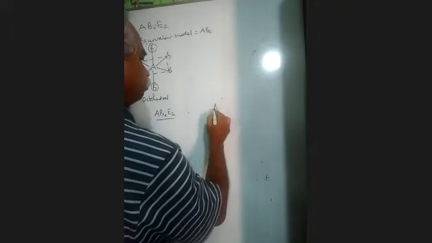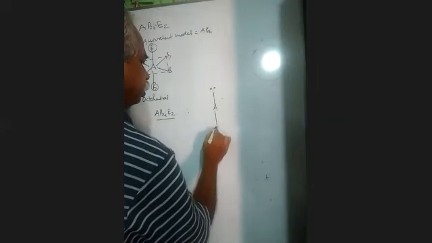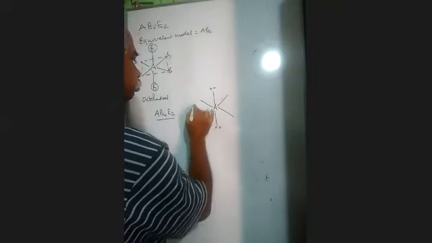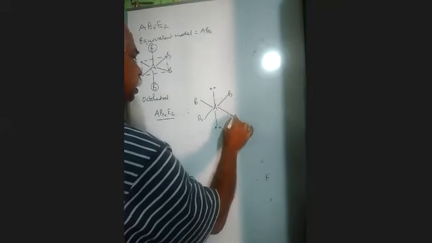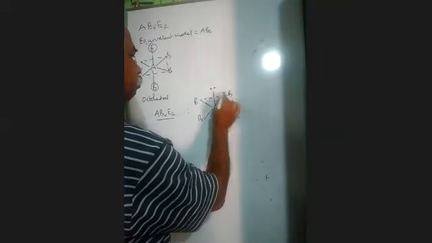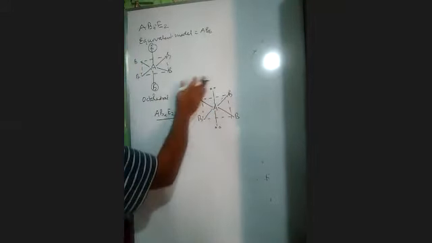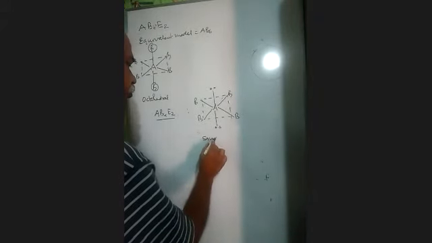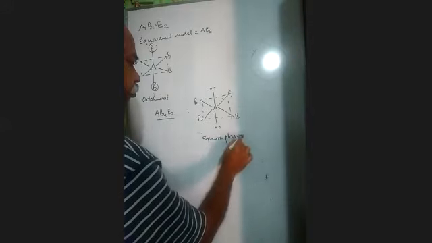The structure will be A, with one lone pair here and one lone pair here, and B, B, B, and B. See, this is not visible, this is not visible. So it is a plane. What type of plane? Square. So it's called square planar.